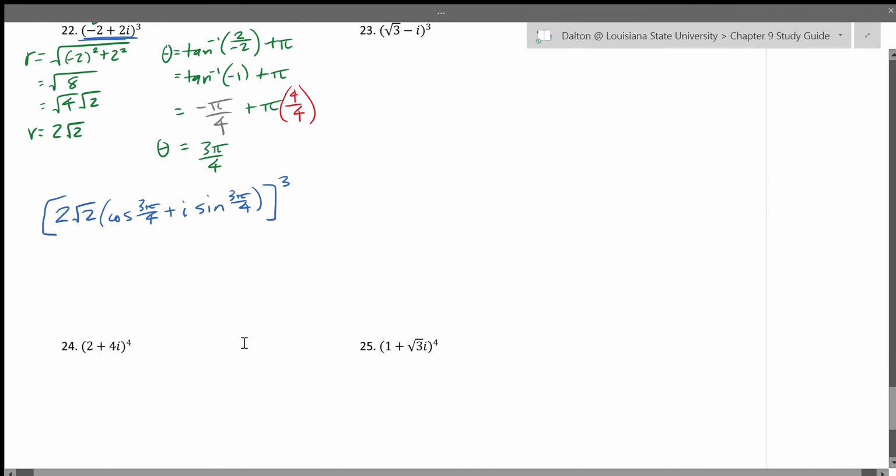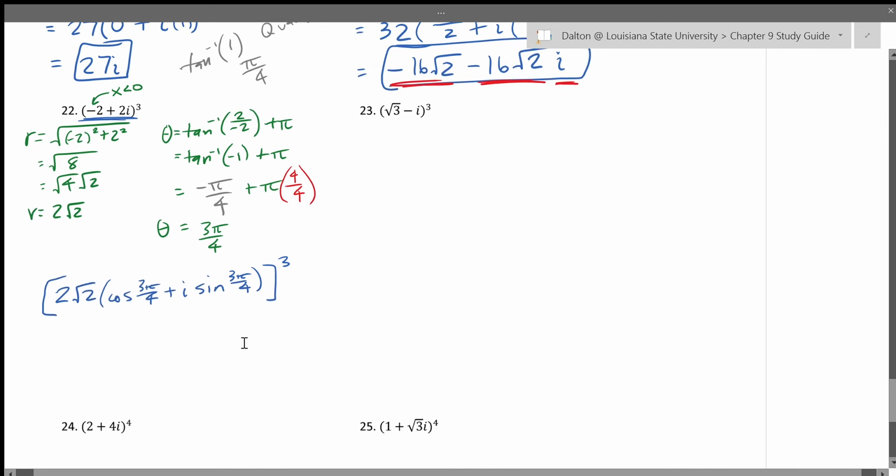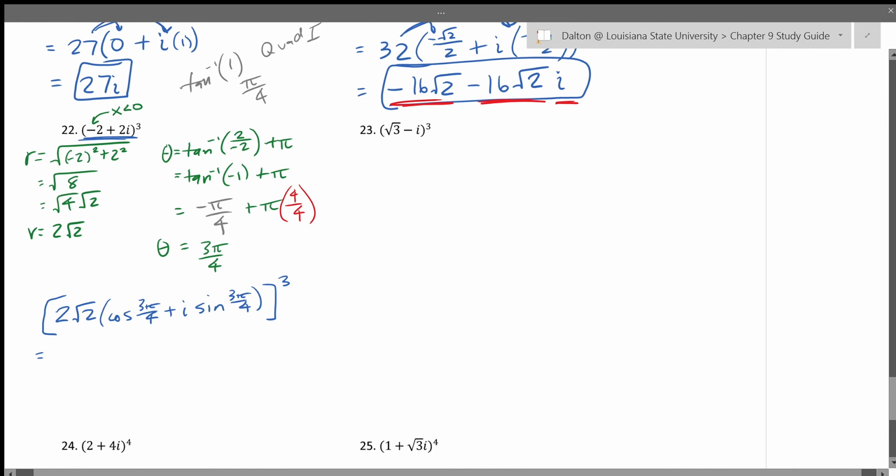To expand this, De Moivre's theorem says we're going to raise 2 square roots of 2 to the third power. So 2 square roots of 2 cubed times the cosine of 3 times 3 pi over 4 plus i times the sine of 3 times 3 pi over 4. Now, 2 square roots of 2 cubed.